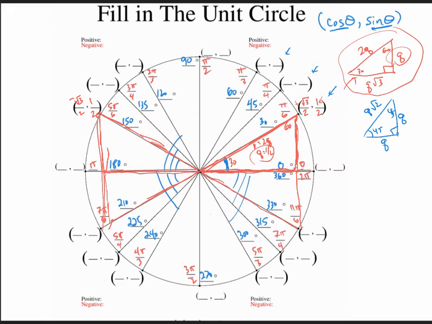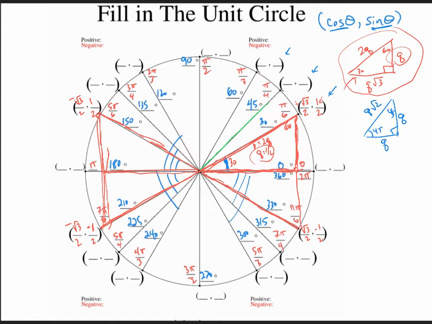For this one, I would move left root 3 over 2, so negative root 3 over 2, and down 1/2, so negative 1/2. And for this one, my X value would be positive root 3 over 2, but Y value would be negative 1/2. Got that?